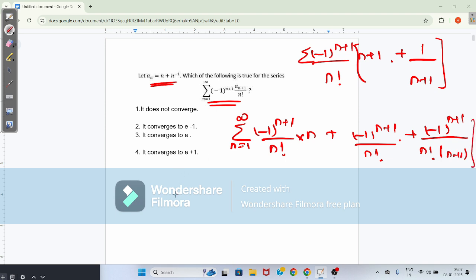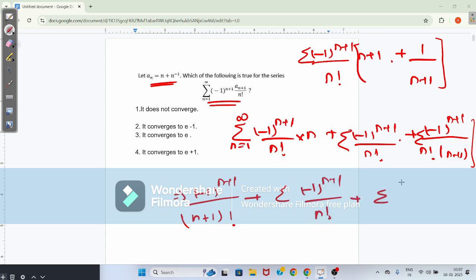Okay, now when you multiply all these values, what you will get: the value minus 1 whole power n plus 1, and the remaining value is n plus 1 factorial. Okay, plus sigma minus 1 whole power n plus 1 by n factorial, plus sigma minus 1 whole power n plus 1 by, when you multiply these two values, n plus 1 factorial.